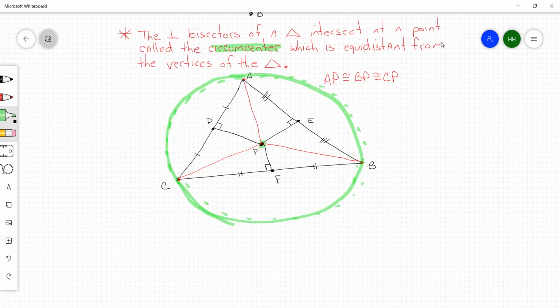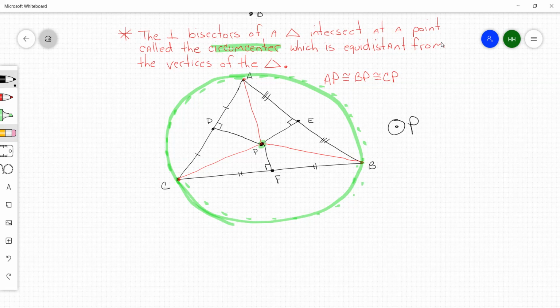Got that? Write that down. We're going to say, here's the symbol for circle. Circle P. When you're referring to a circle, you use the name of the point that's the center of the circle as your reference.